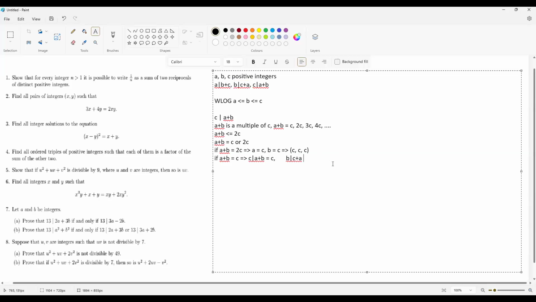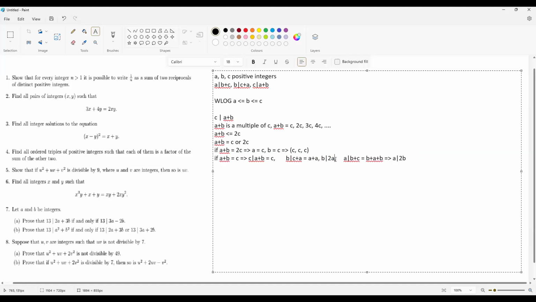B divides C plus A, which is equal to A plus B plus A. So B divides 2A. And A divides B plus C, which is equal to B plus A plus B. So A divides 2B, right? Because B divides 2A plus B, and B always divides B, so we can just take out the B. That's how we got this and this.